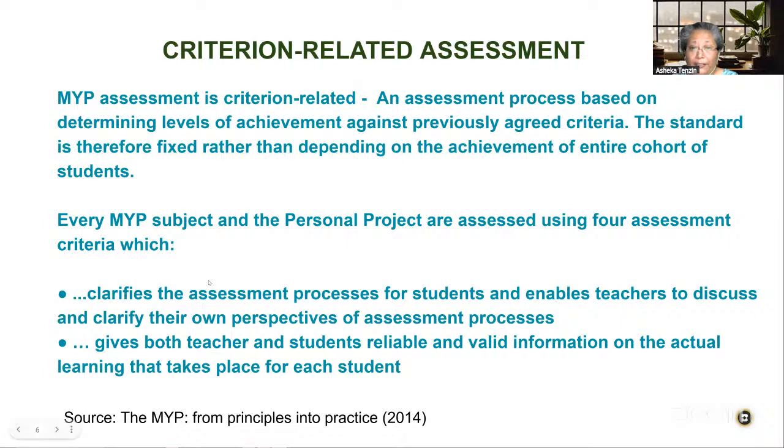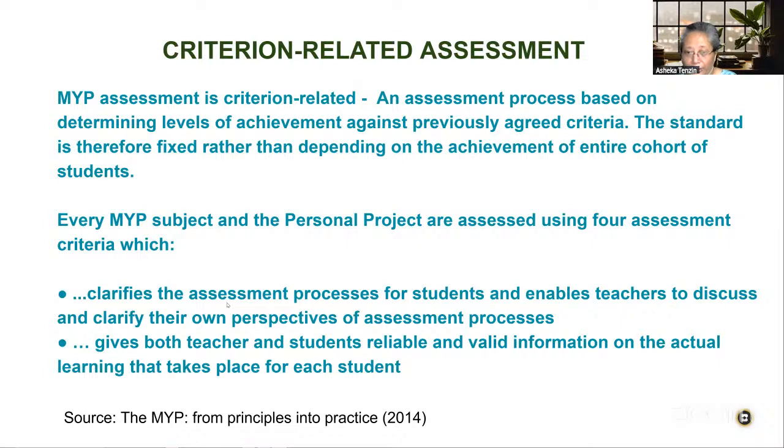Over here, it will clarify the assessment processes for the students and it will help the teachers to discuss and clarify their own perspectives of the assessment processes. Each subject will have its explanation of what the criteria is and what is expected in that criteria. What is the subject trying to assess for that particular criteria?